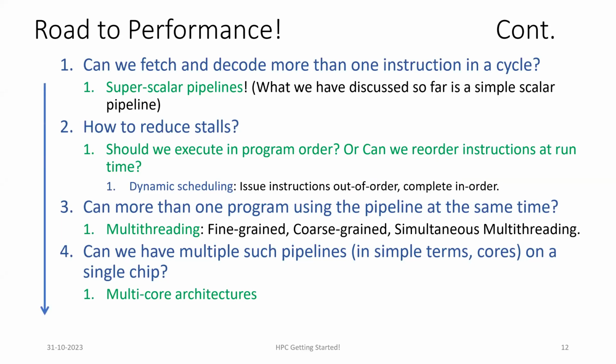So from the way things have evolved from the single cycle to the multi-core architectures, basically we were trying to encash on different levels of parallelism. Till out-of-order processing, it is basically instruction level parallelism. And then from multi-threading to multi-core architectures, we were trying to extract parallelism at the application level.